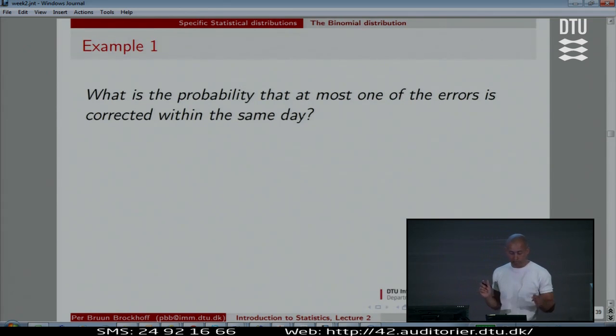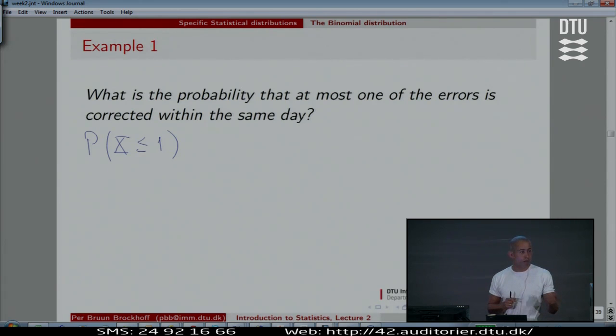Okay, what is the probability that at most one of the errors is corrected within the same day? At most one of the errors. Isn't that the same as saying that X is either 0 or 1, right?